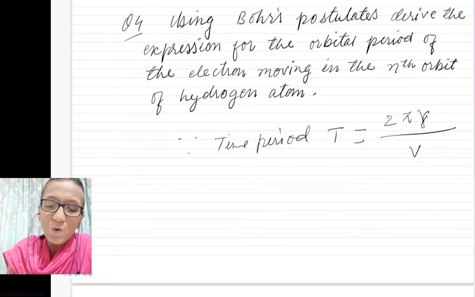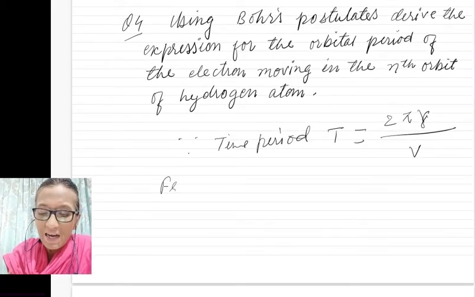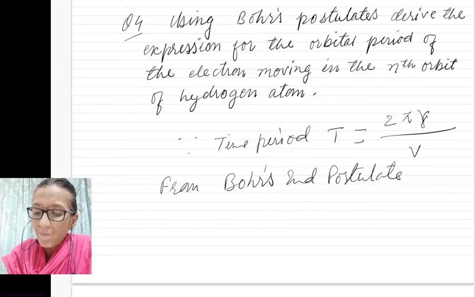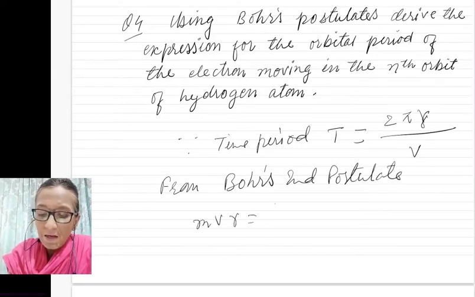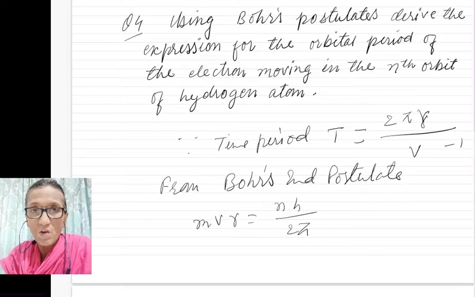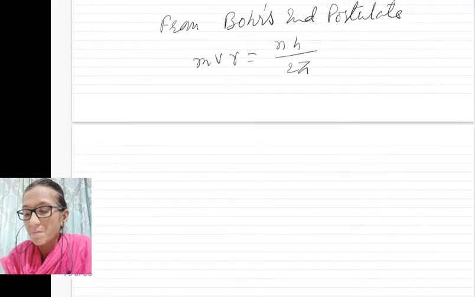Now, as we know that from Bohr's second postulate, mvr is equal to nh upon 2 pi. So from here we will be putting the value of v in equation 1.